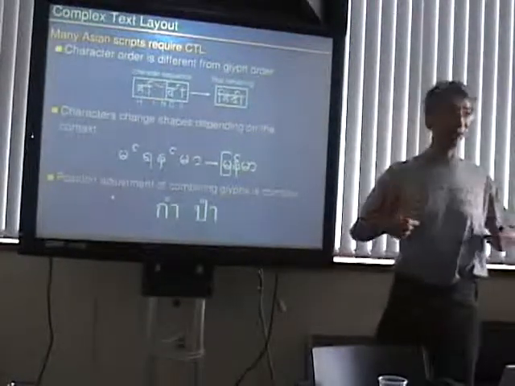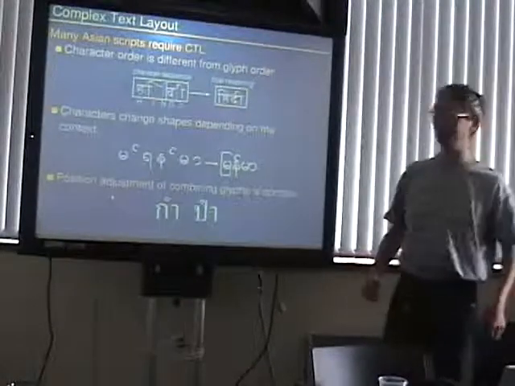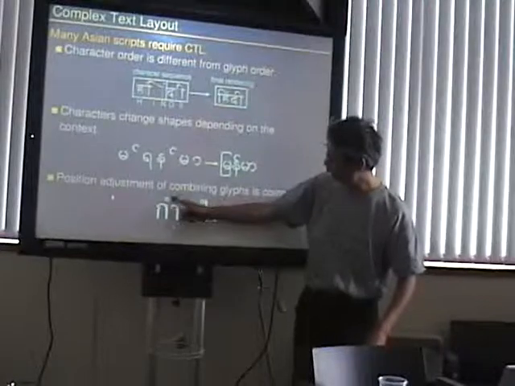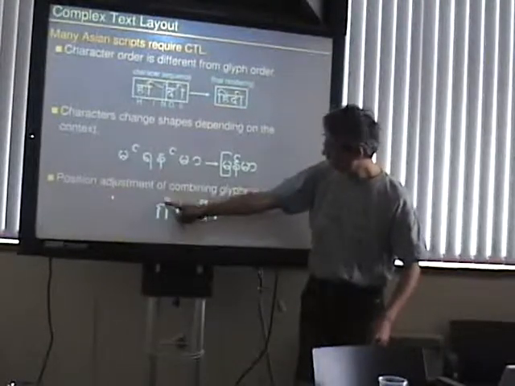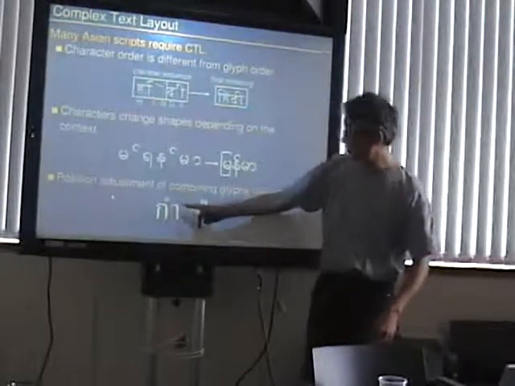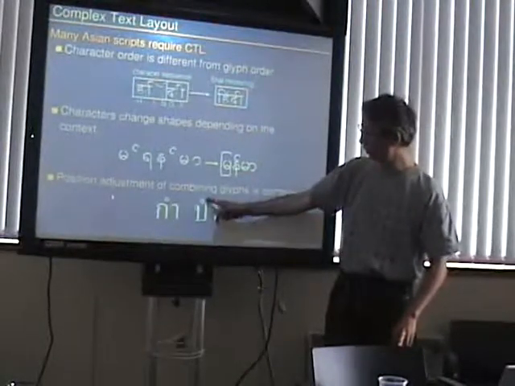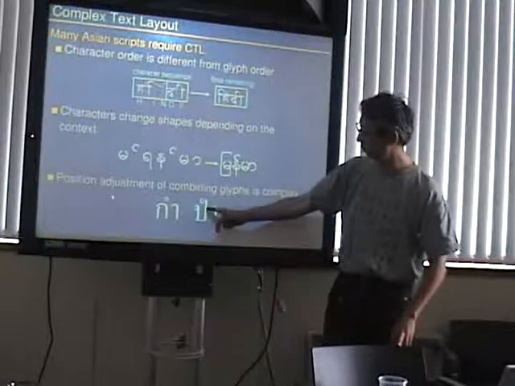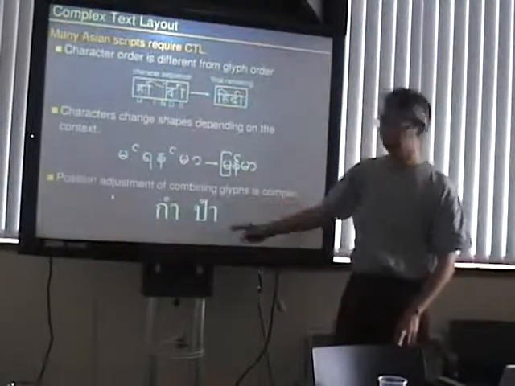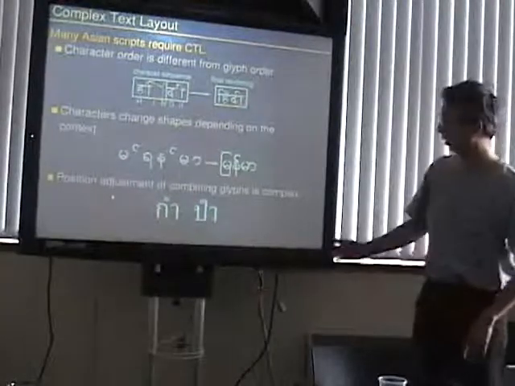Here this upper dot is a single character, but the upper dot will be placed before the highest end of the previous character. And the placement of this part depends on the previous character.